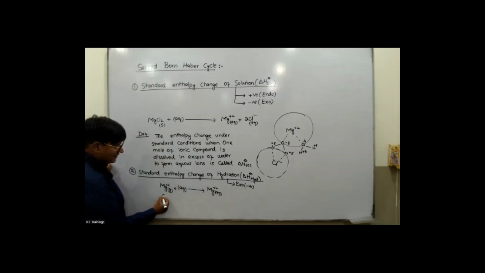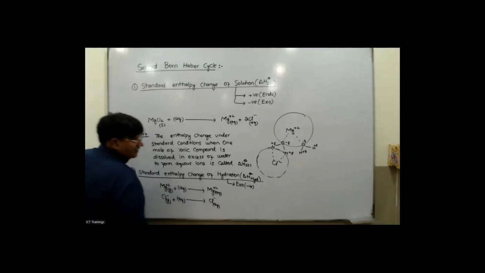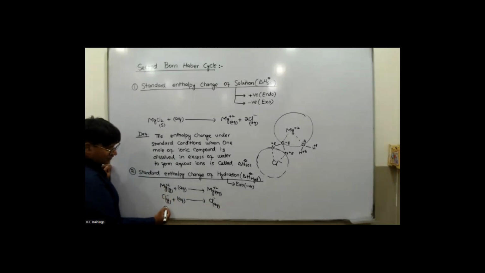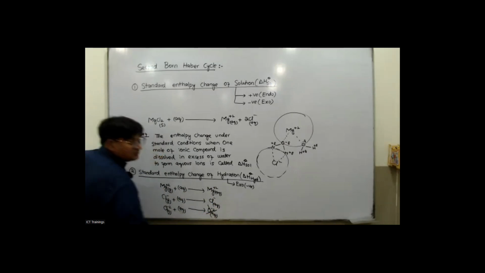Just like that, Cl minus gaseous ion, if you dissolve it in water, is going to form Cl negative aqueous. One more thing, if you have the oxide ion, gaseous form, and you put it into the water, keep in mind that O minus 2 aqueous is not possible.